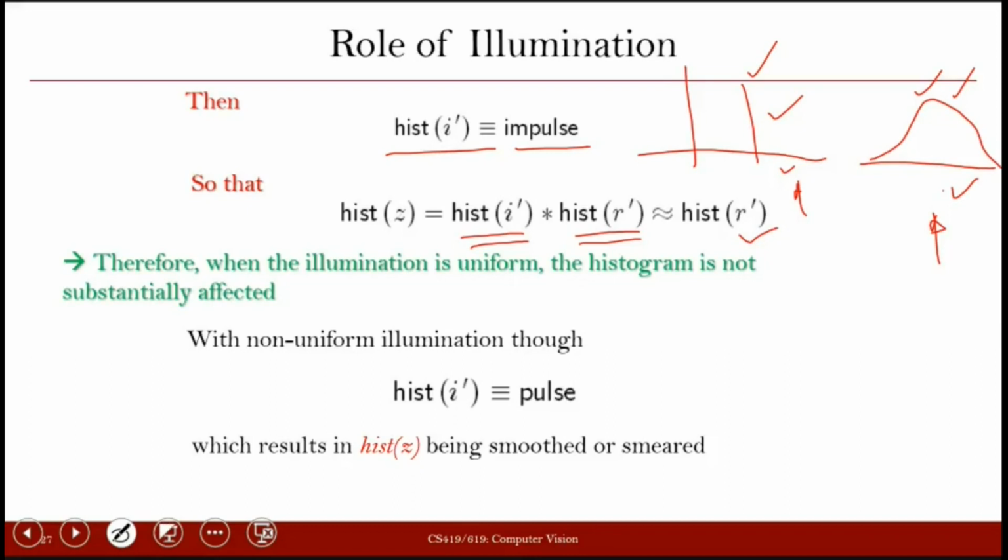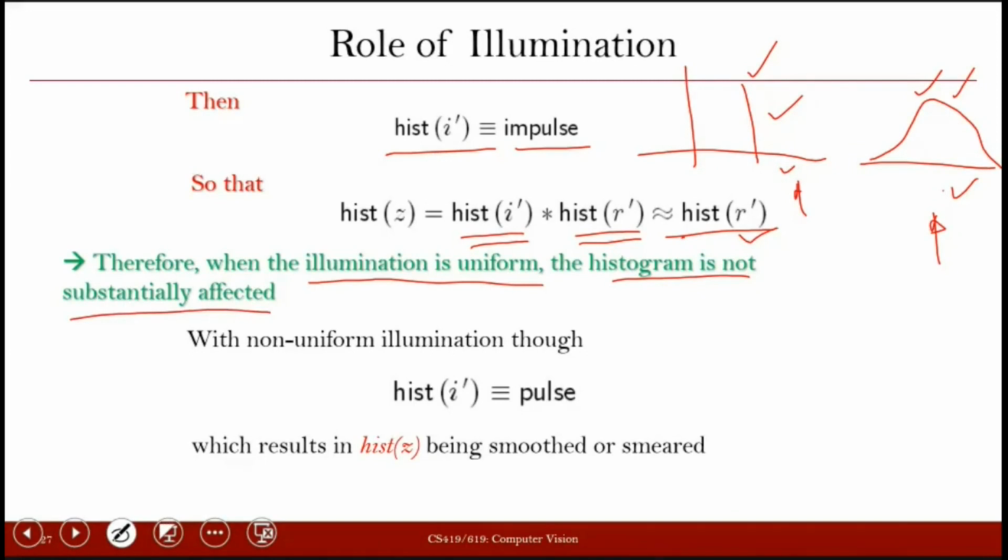So when the illumination is fixed, illumination is constant, the histogram of Z will be the same as the histogram of R prime. It is not impacting the histogram of R prime. Whatever histogram of R prime you have, the same histogram you are going to get for Z. So you can say that when the illumination is uniform, the histogram is not substantially affected.